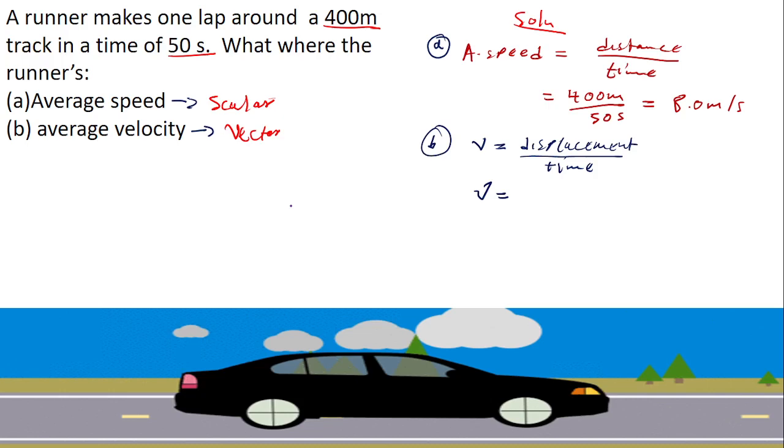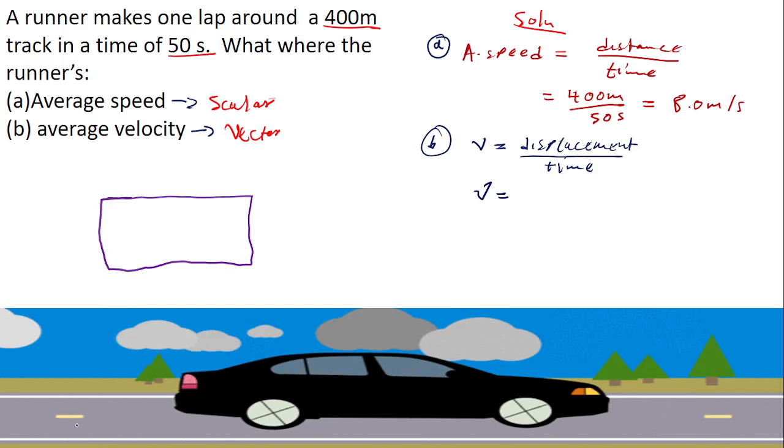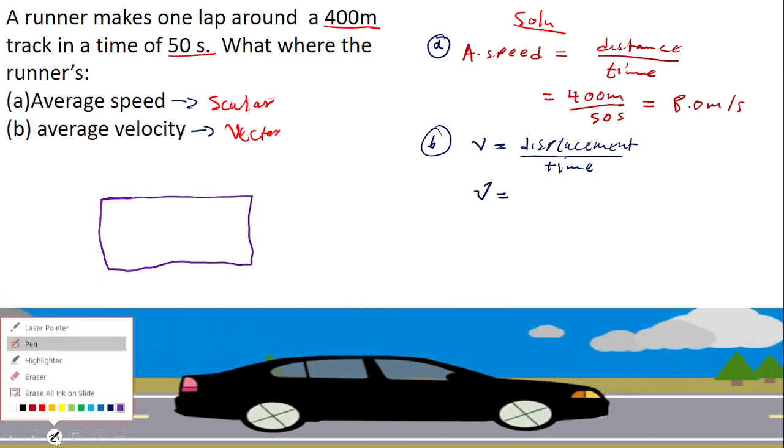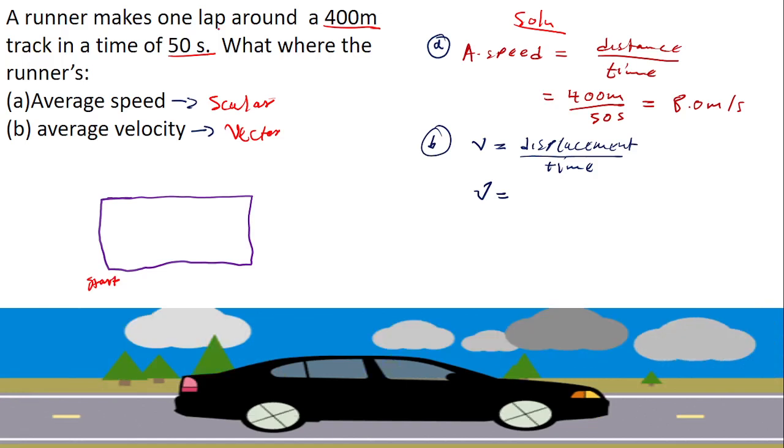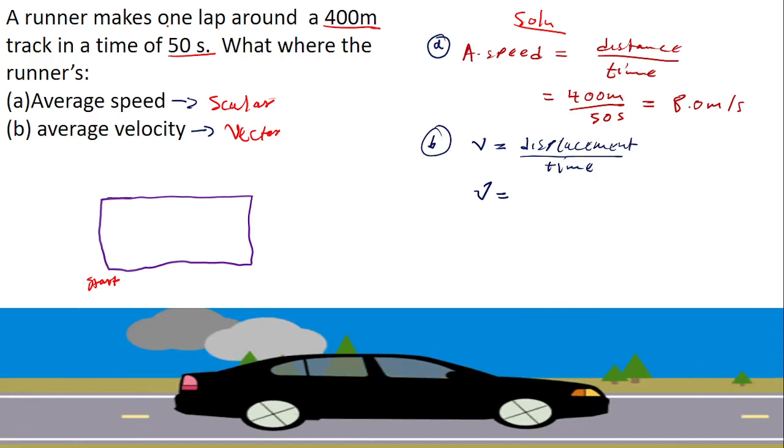Okay, so let's assume this is our track and this track is 400 meters. If this person starts from here, the information says the runner makes one lap around. This statement can help you know the value of the distance.